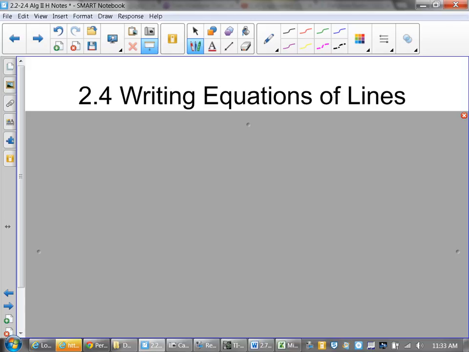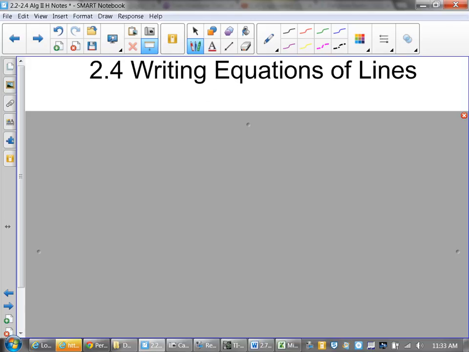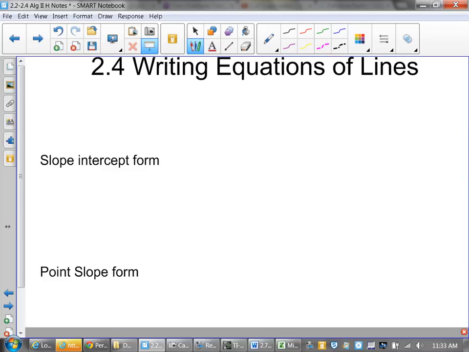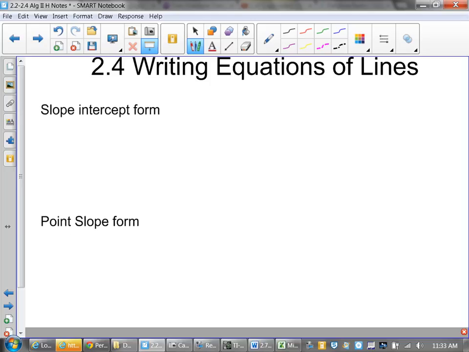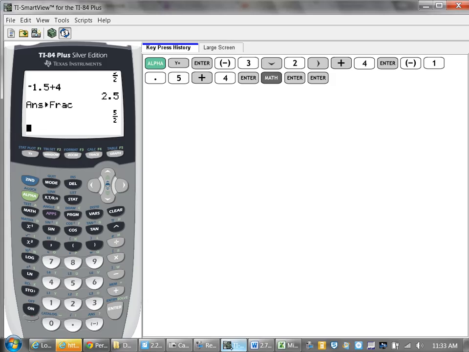Let's talk about slope-intercept form. Why is slope-intercept form your best friend in the whole wide world? Because it's very easy to solve. Even more importantly, there is a fancy button on calculators. It says y equals. If you can get an equation into y equals form, you can press a button on your calculator and graph it.